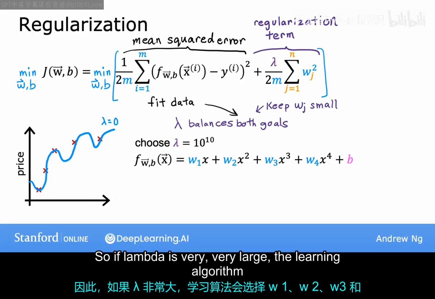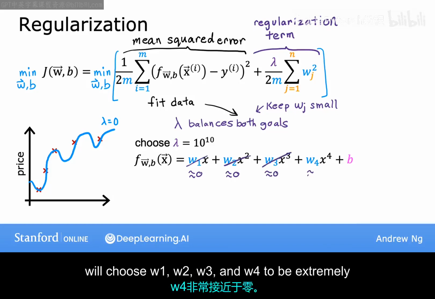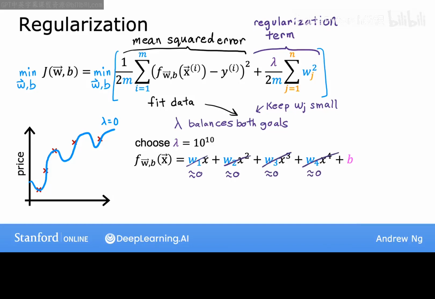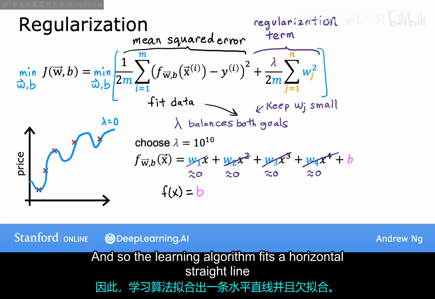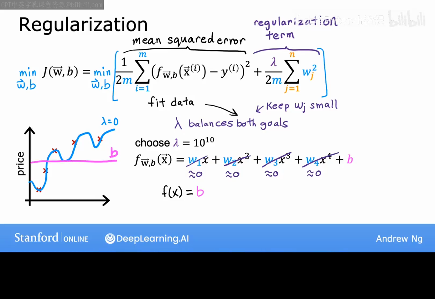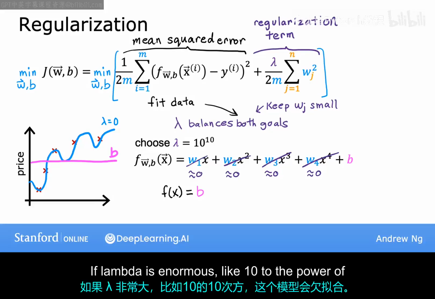So if lambda is very, very large, the learning algorithm will choose w1, w2, w3, and w4 to be extremely close to 0. And thus, f of x is basically equal to b, and so the learning algorithm fits a horizontal straight line and underfits. To recap, if lambda is 0, this model will overfit. If lambda is enormous, like 10 to the power of 10, this model will underfit.